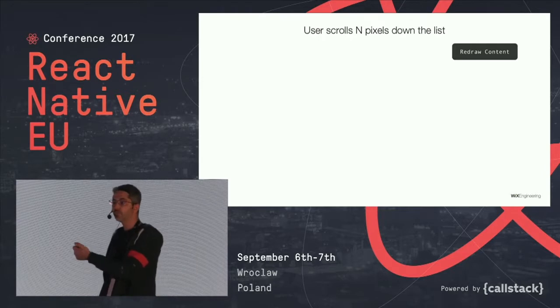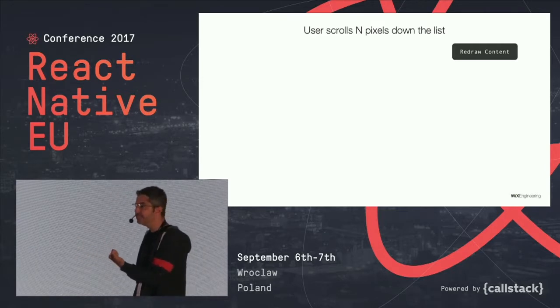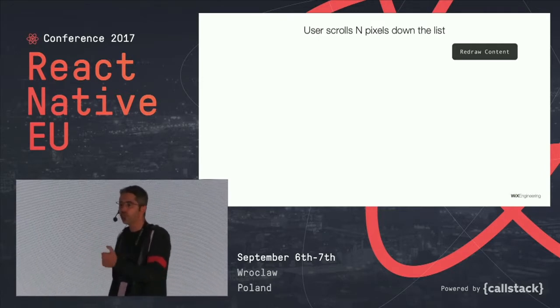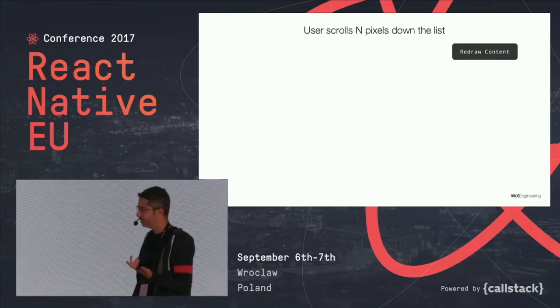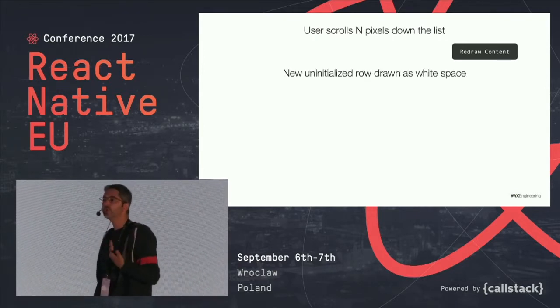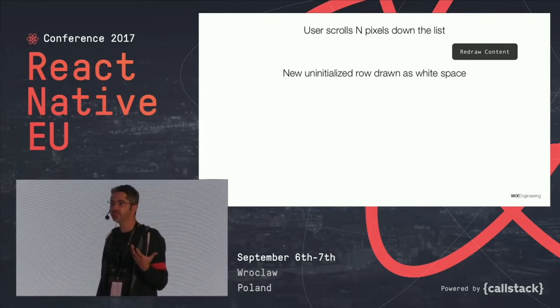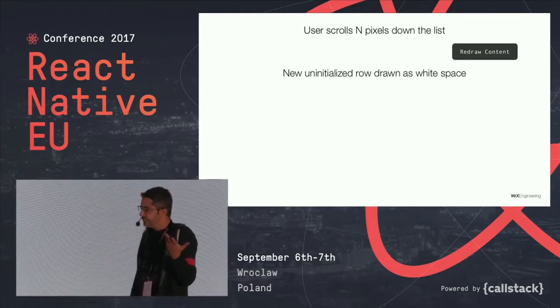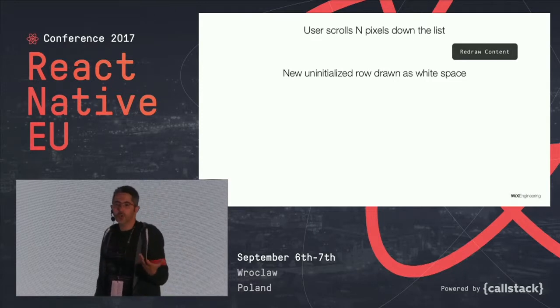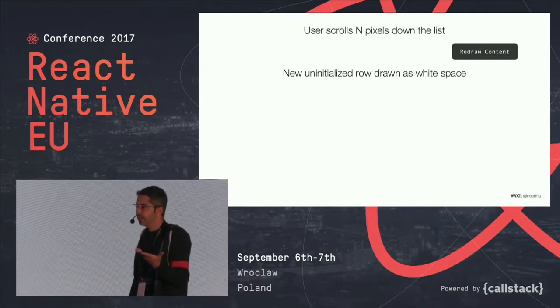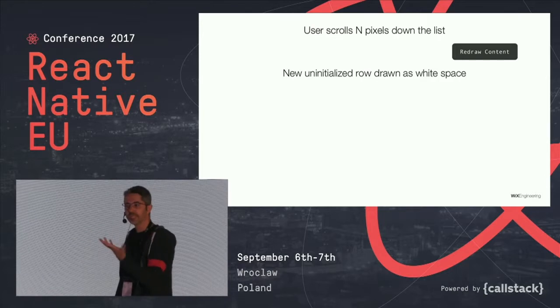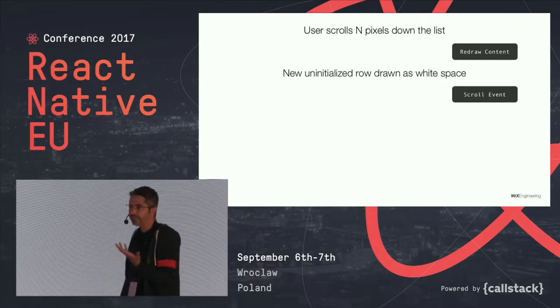And the scroll view that the user is using is a native view. And it has to redraw the content as soon as the user moves it. And then the user uncovers a new row. And this row is not populated with content yet because of memory optimizations. So there is no choice, but we have a new uninitialized row, and it's white. There is no content there. And the native side has to display something, so it just displays blank space.